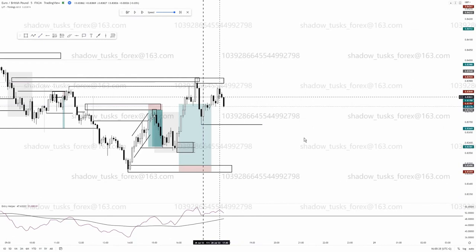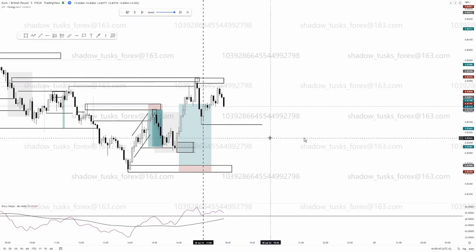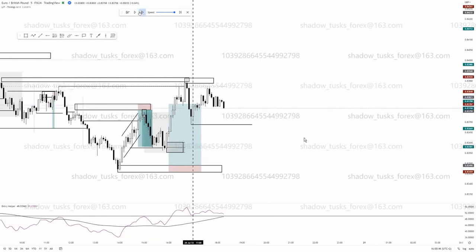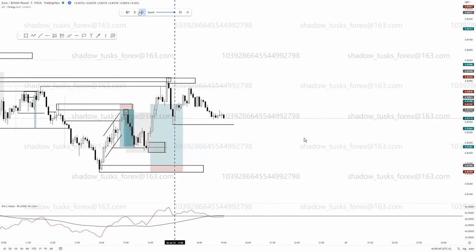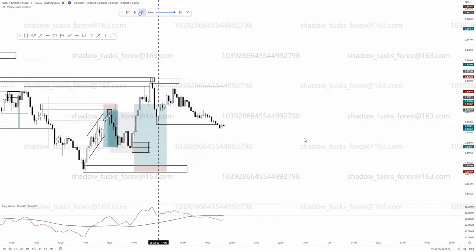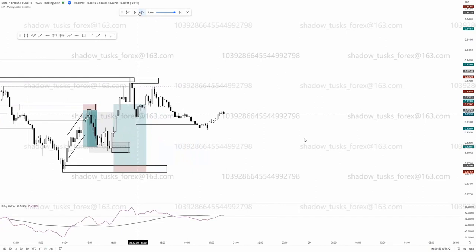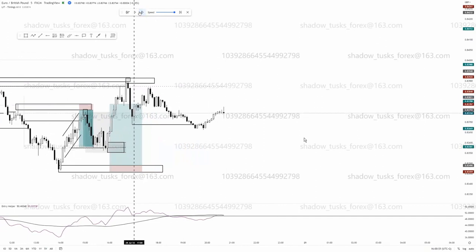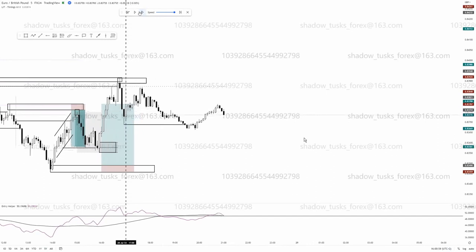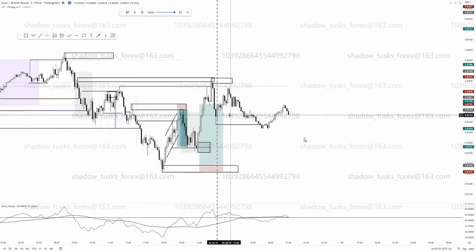We expect that end of day consolidation. So I think a new low is the most appropriate. Let's see what we get. Okay, building. Lovely. And that is what we get. A new low. It's the end of the day.